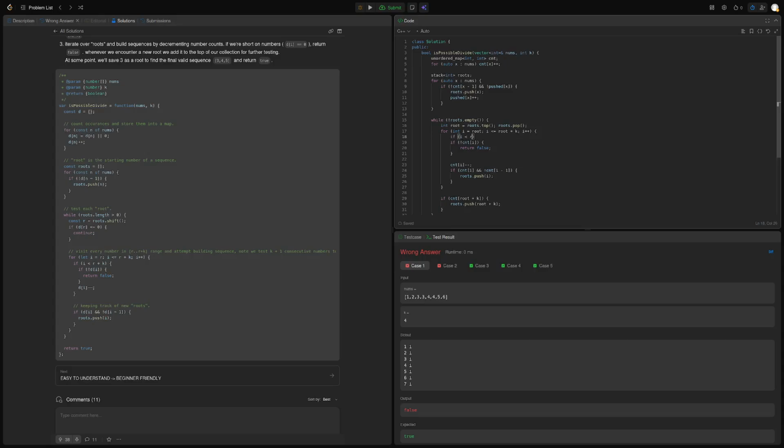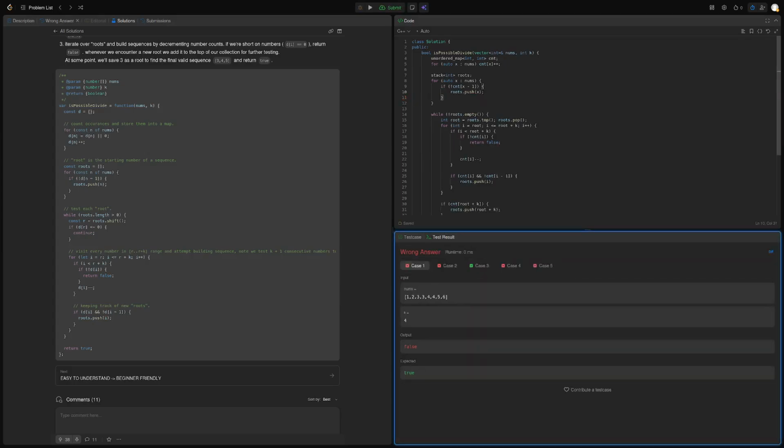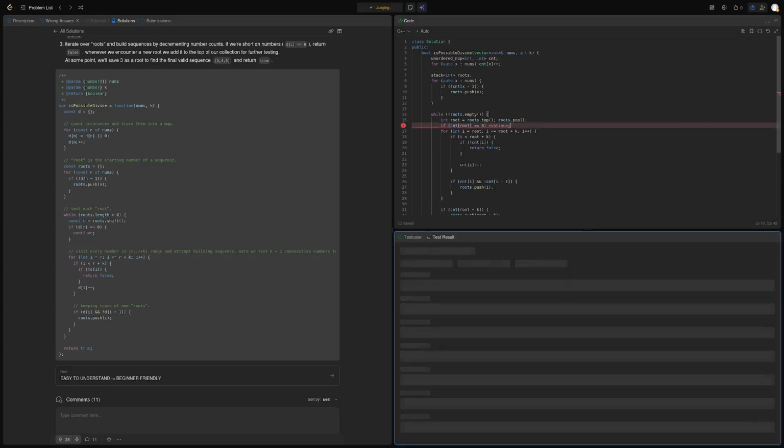So if i is less than root plus k, then we only do this. That is so interesting. That is an amazing trick, to be honest. Wow, okay. That is impressive. What? What? Okay, that didn't help. It did a bit.